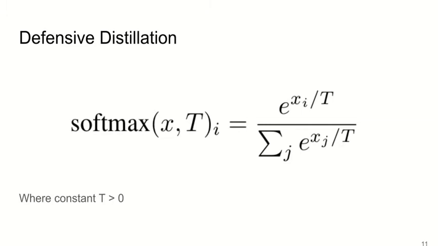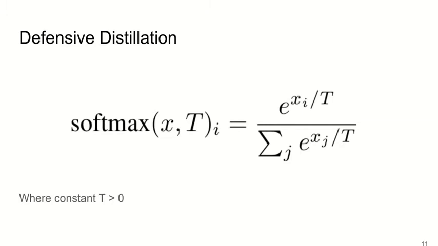So what we see here is that we scale the elements of x by dividing them by T. Let's think about what happens if we have a T that is larger than 1, meaning that we divide the x's by a constant that is larger than 1, yielding x's that are smaller.